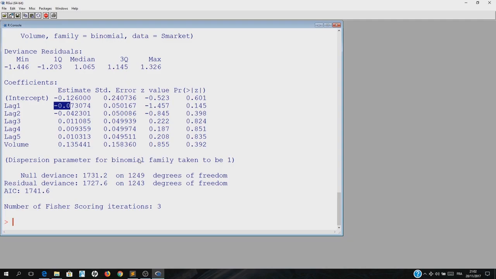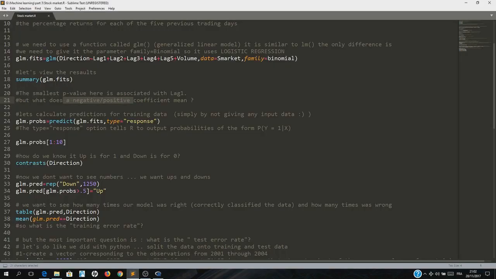So if it's minus, it's opposite to the data before, opposite to yesterday. That's how we interpret a negative estimation. Yesterday it went up, today there is a higher chance that it goes down. So it's always the opposite because it's minus. If it's positive, that means it goes with it.